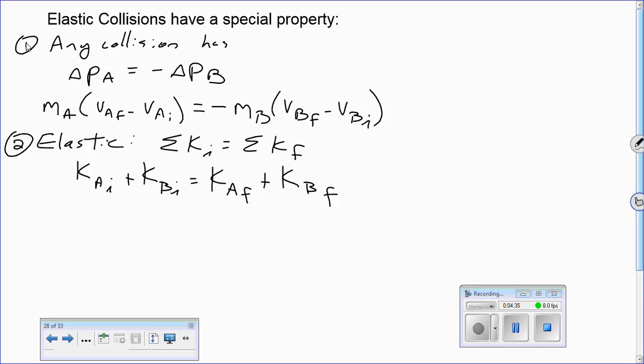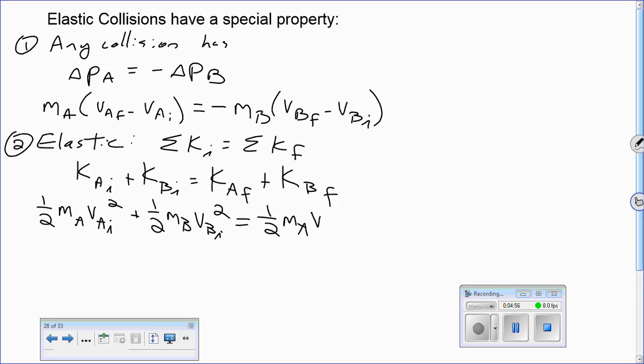Okay, so kinetic energy is 1/2 mv squared, right? So this becomes 1/2 the mass of A times the velocity of A initially squared plus 1/2 the mass of B times the velocity of B initially squared equals 1/2 the mass of A times the velocity of A final squared plus 1/2 the mass of B times the velocity of B final squared.